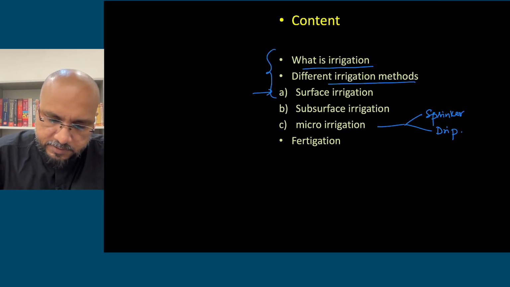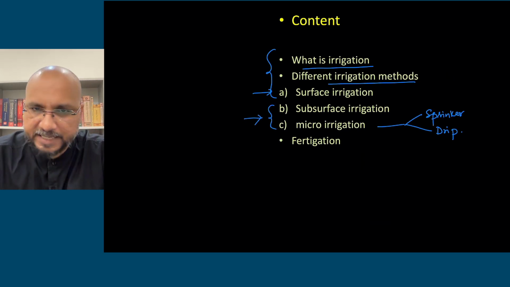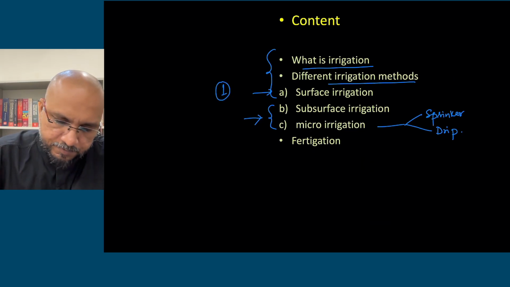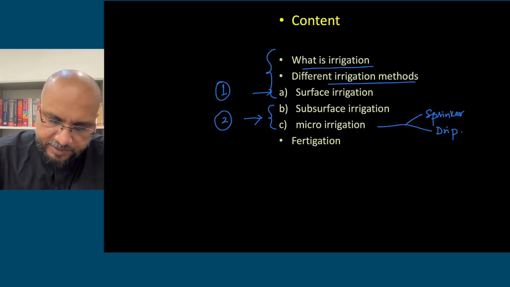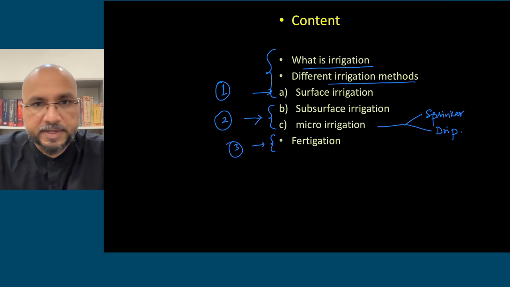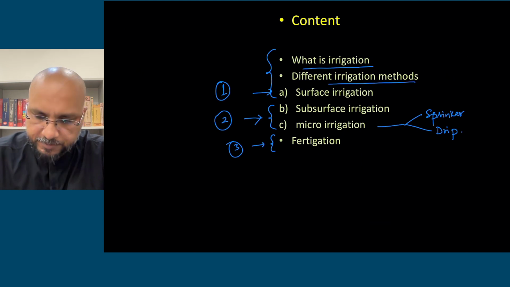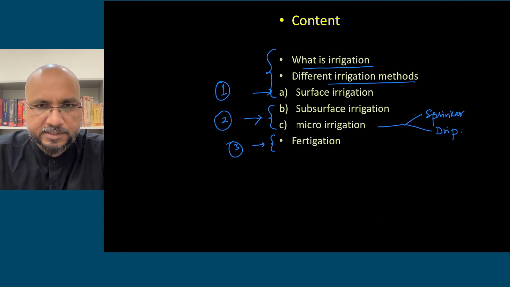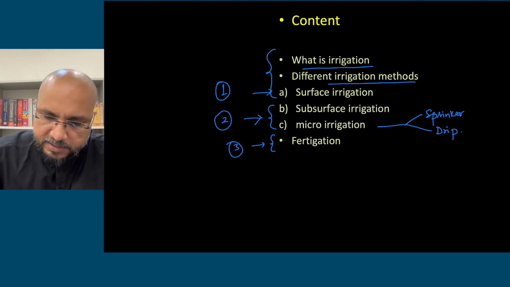Then subsurface and micro irrigation will be a separate, second video, and we'll deal with fertigation in the third video. So there will be 3 videos where we'll be discussing irrigation. Okay, so let us start.